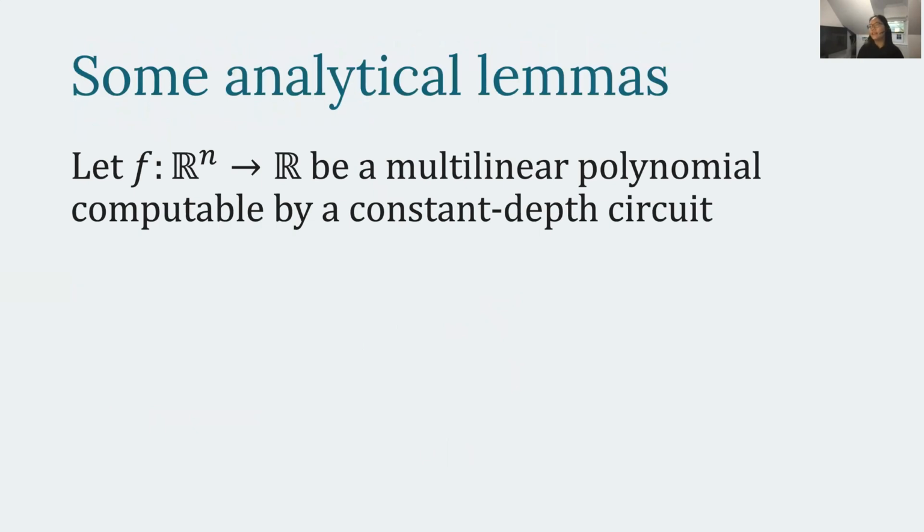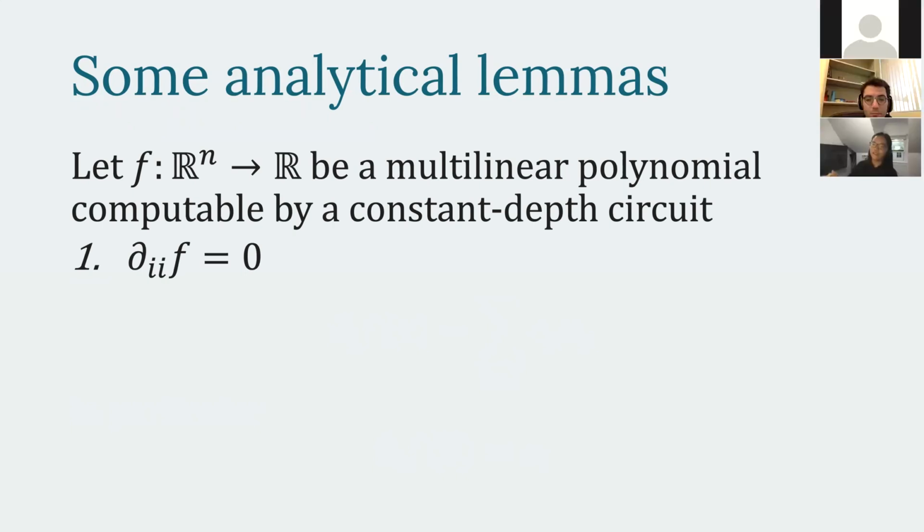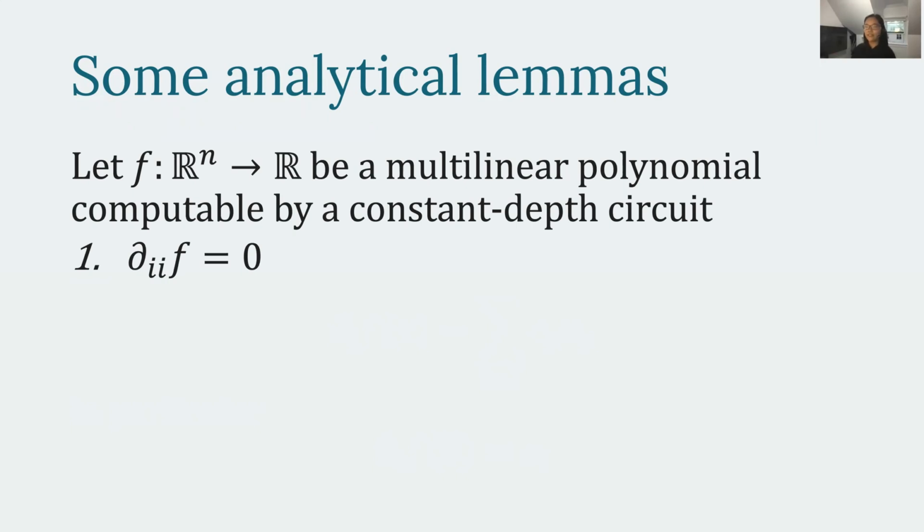Then I need some other analytical lemmas about these functions. First, I'll observe that all of the second derivatives of f are just equal to 0 because they are multilinear. If you hit it with the ith derivative twice, it will just become 0.